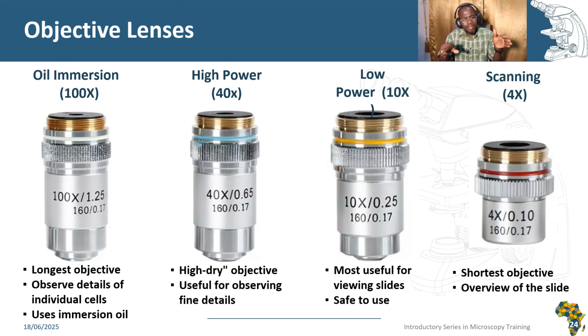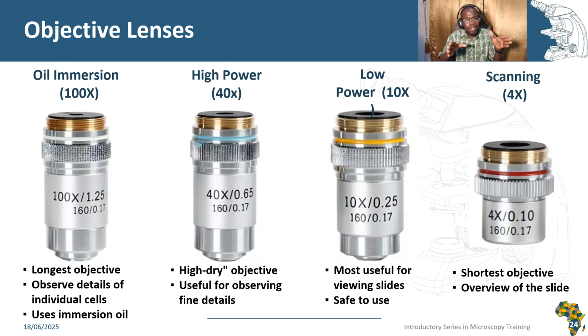If you look at the four different objective lenses we have, it is clearly written on them with different magnifications. The oil immersion has a magnification of 100 times, meaning it enlarges a particular specimen 100 times its original size.